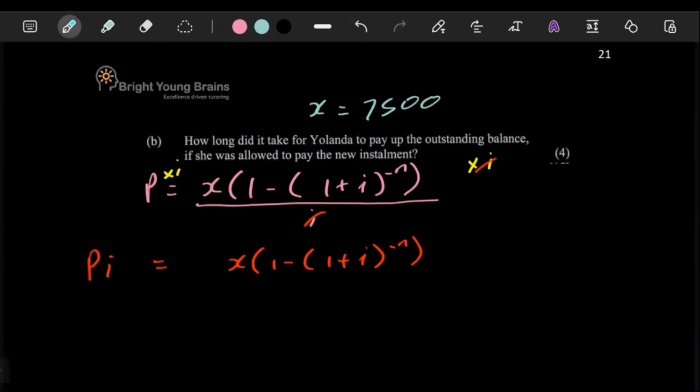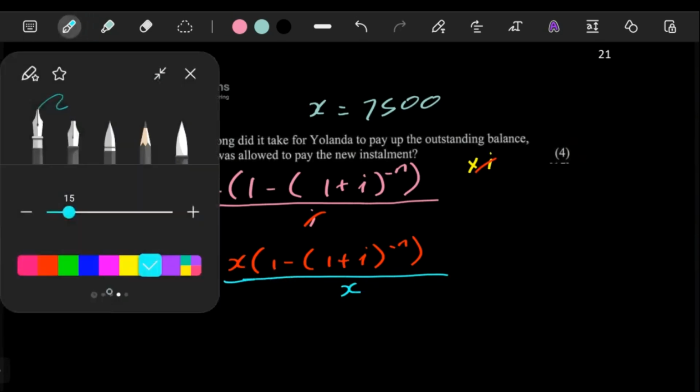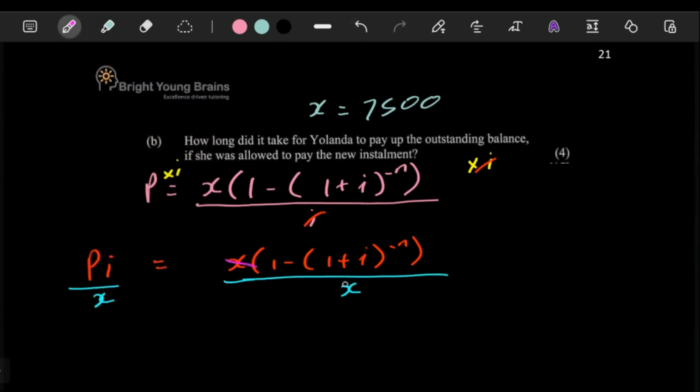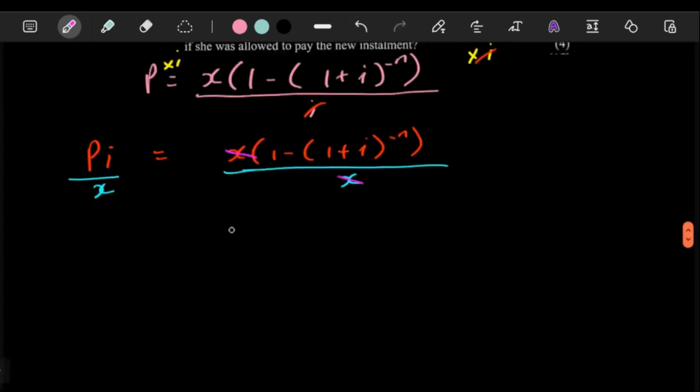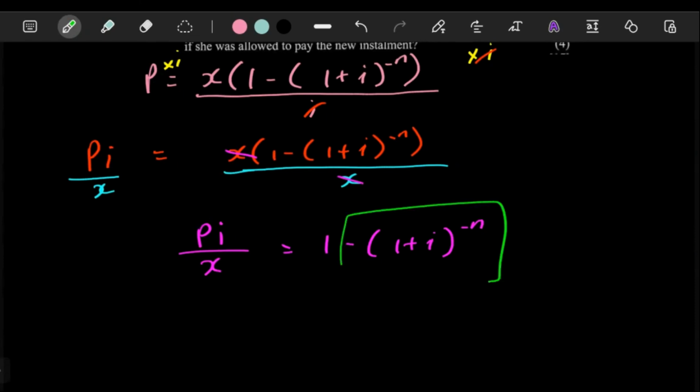Since it's solving for n, you can divide both sides by x, and x cancels x. So this is pi over x equals 1 minus (1 plus i) to the power negative n. This whole thing here, we can take over, it becomes a plus, and this whole thing here, we can take over, it becomes a minus.